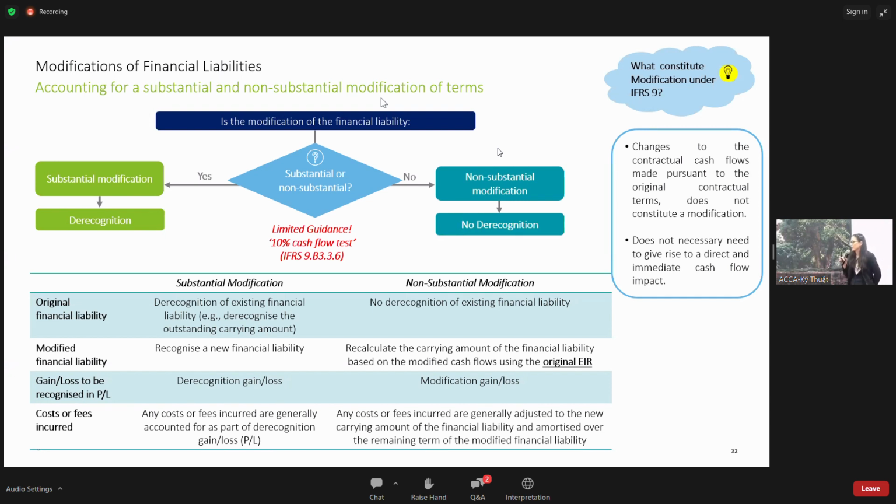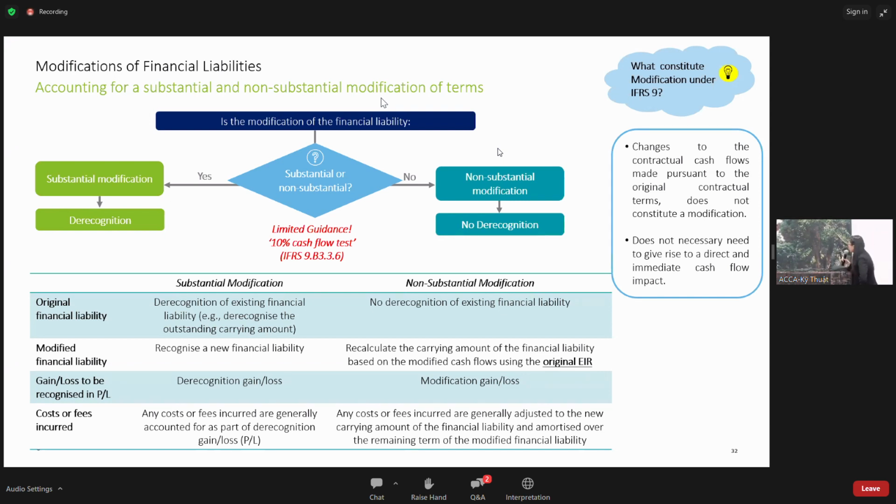But there was an IFRS paper that discussed that we can use the principles in modification of financial liability to do the same for financial assets. So actually we can use this similar principle in practice for financial assets as well.